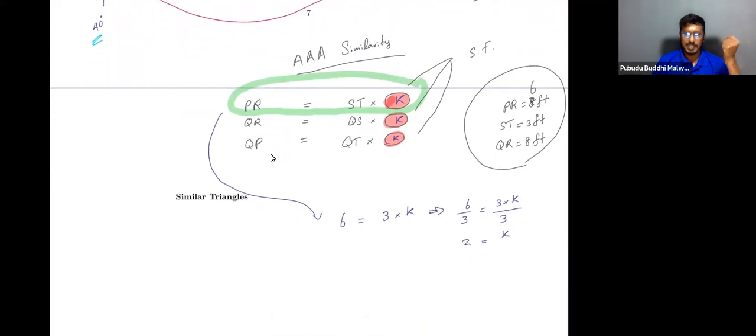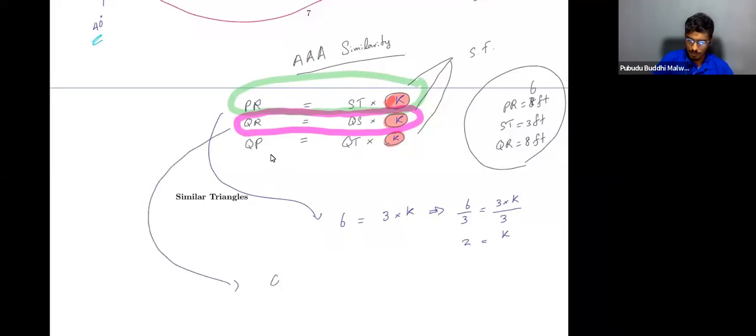Let's focus on the second equation, because we have QR. So QR equals QS times K. But K equals 2 and QR equals 8.